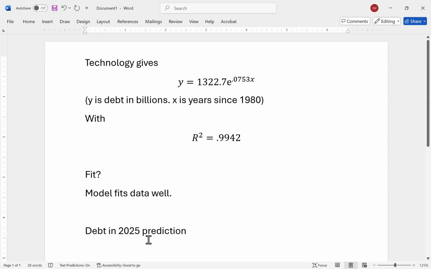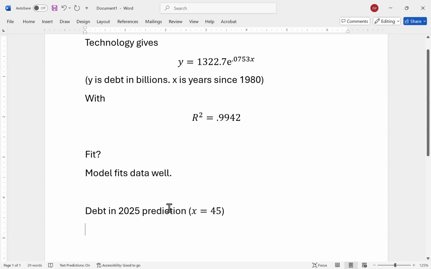So the debt in 2025, remember X is years since 1980. So the debt in 2025 will be a prediction where we set X equal to 45, right? That's 45 years past 1980. So that's what we end up doing.